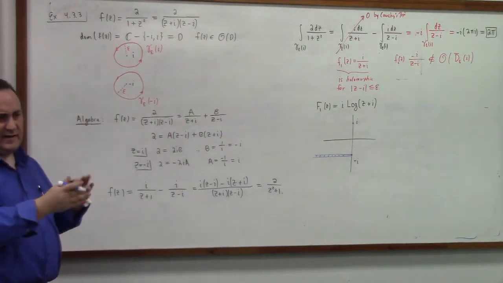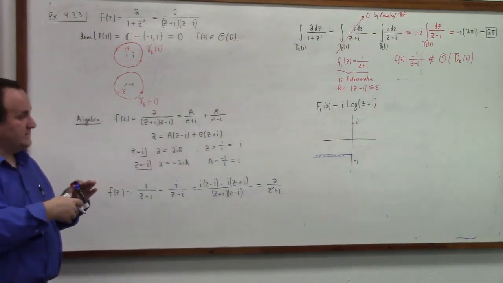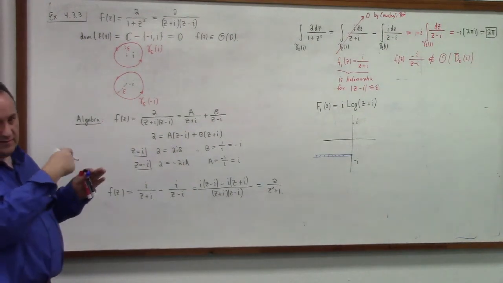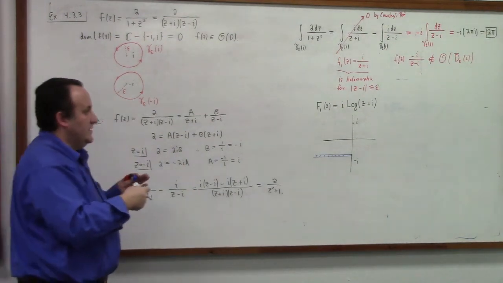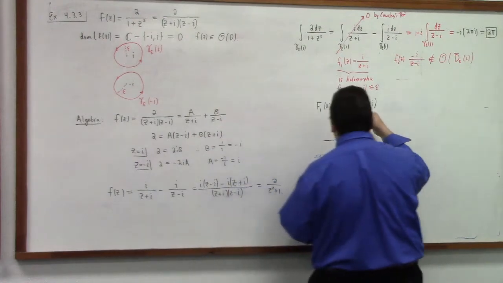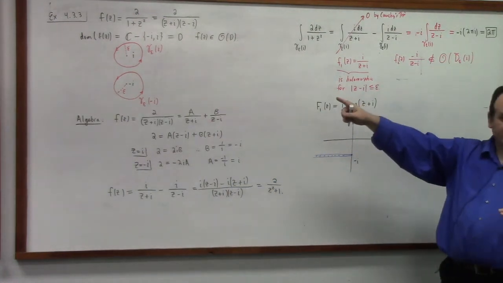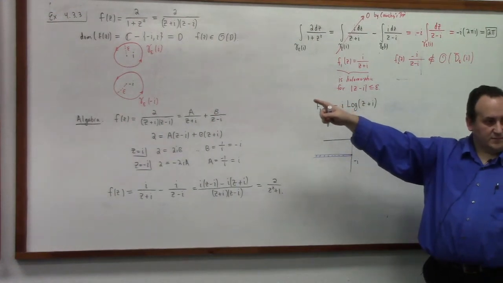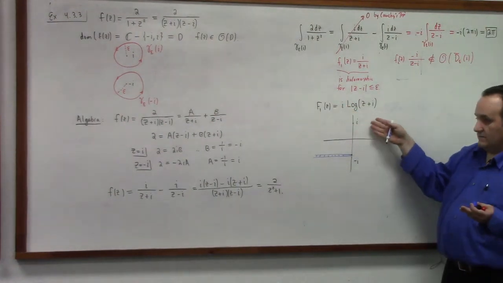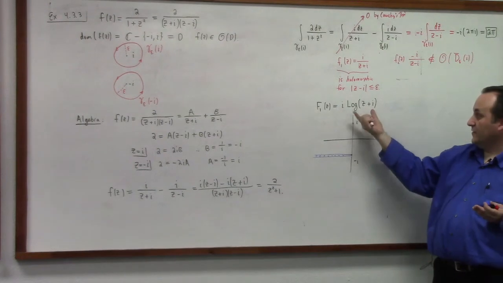We have to think about z minus z naught for the center, so plus i means it's centered at minus i. You get into trouble trying to use the principal logarithm if you cut through this line here. But as long as epsilon is less than 2, we're okay. We haven't cut through the branch, and so that's a primitive.